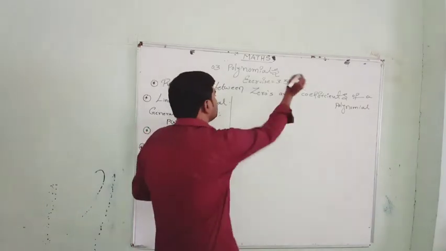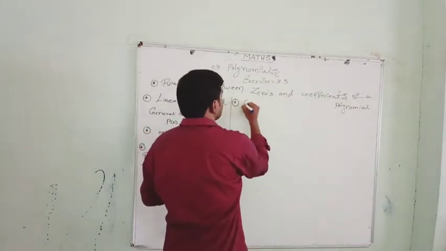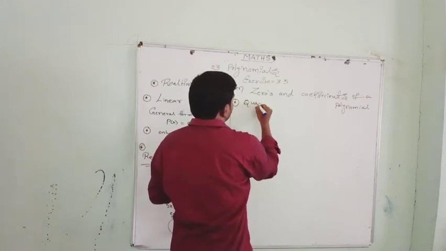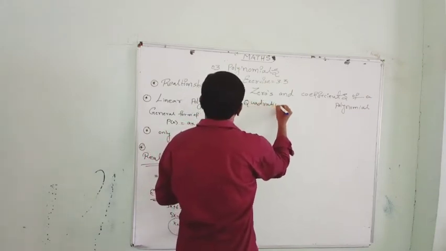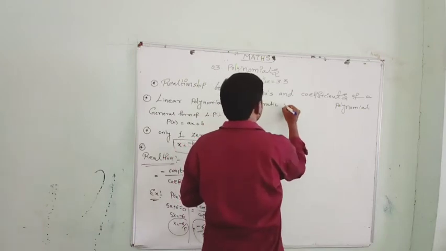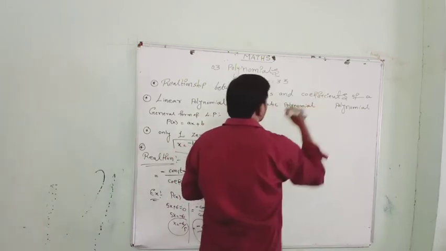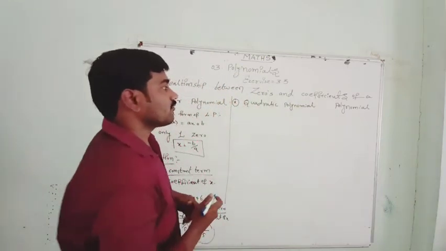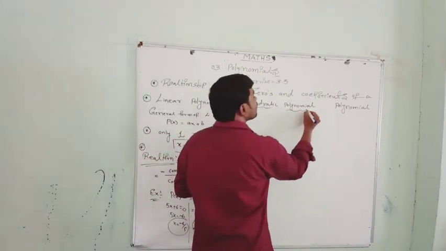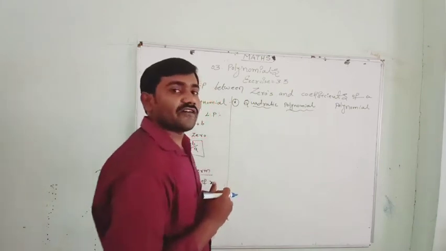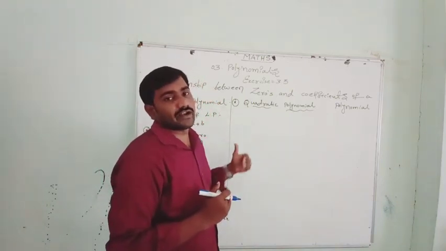Okay, let's go for the next one. Quadratic polynomial. We know the meaning of a quadratic polynomial. If the highest power of a given polynomial is 2, it is known as a quadratic polynomial.